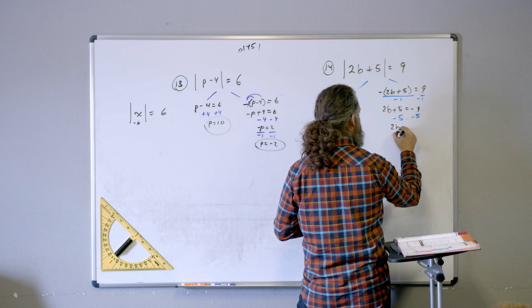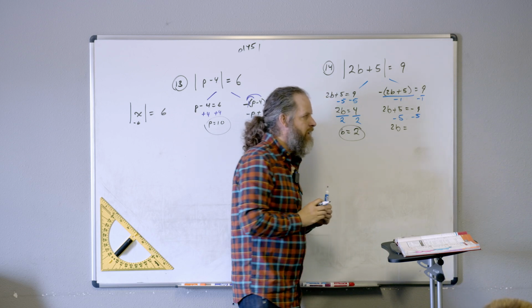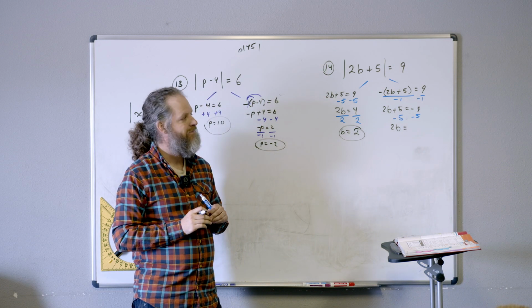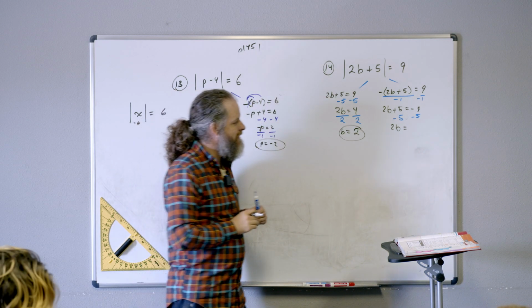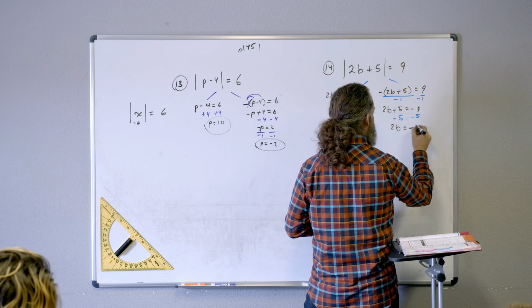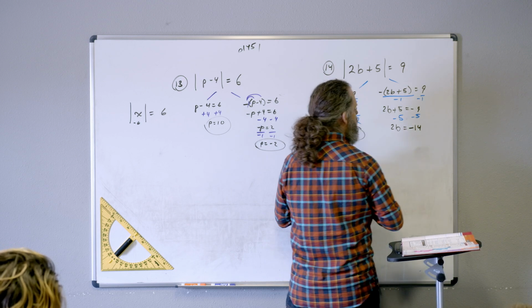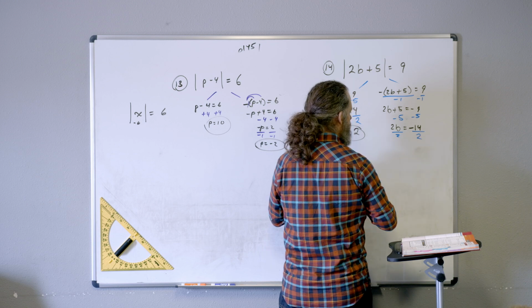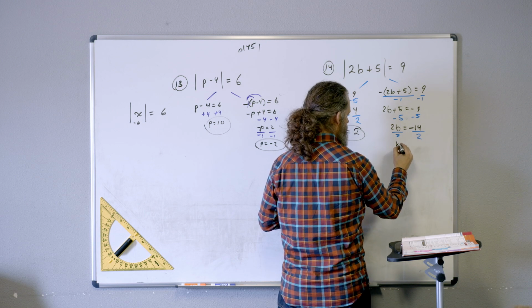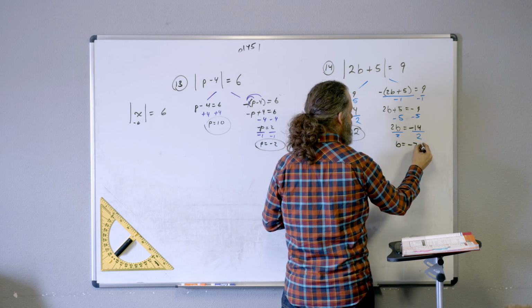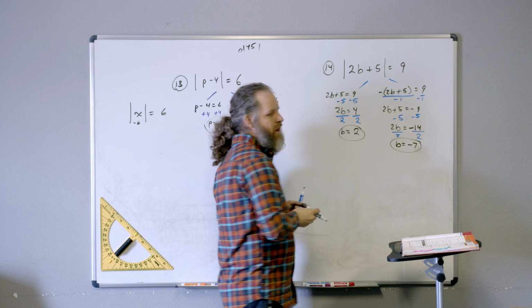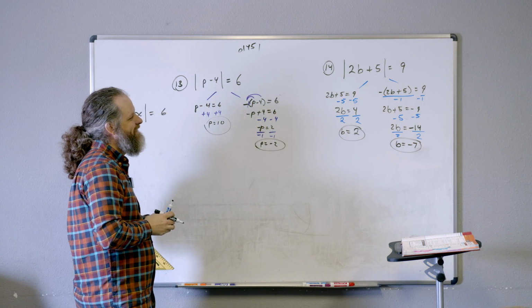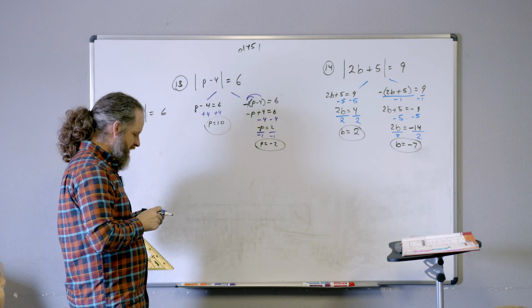And 2b equals, no, definitely not. It's negative 14. Divide the 2, yeah. Negative 7. Easy money, right?